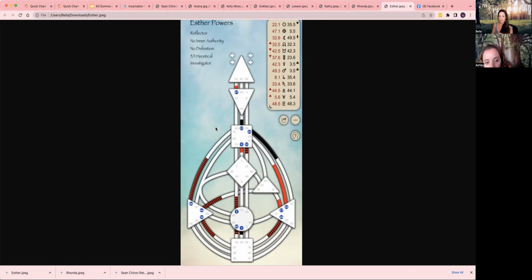It looks like 35.4. I don't know. What else do you see in here? So I think you're born around 77 or something like that, with that Pluto in the 48.